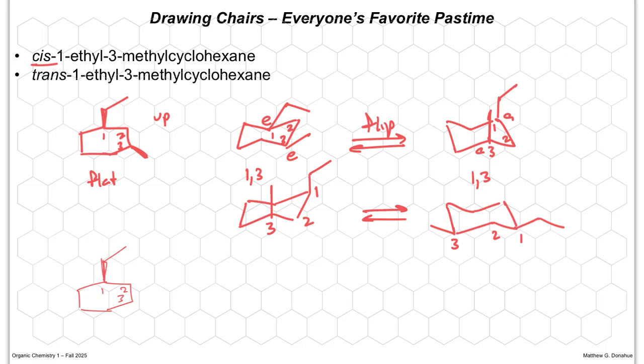So for the trans, I'm going to keep that one carbon as the up substituent, then I'll make the 3 methyl group down. So now they're on different faces, so that's trans. And then we can use the prior example, because that one position we kept the same. We know that that's got to be equatorial.